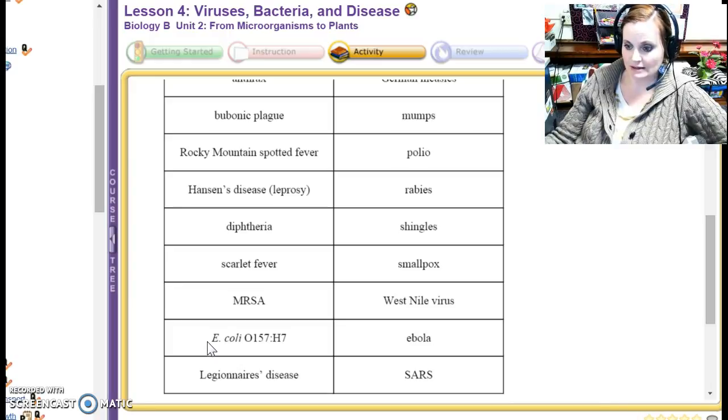Not all E. coli does. Ebola, Legionnaire's disease, and SARS.